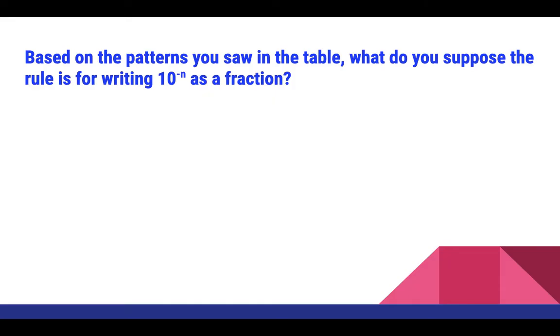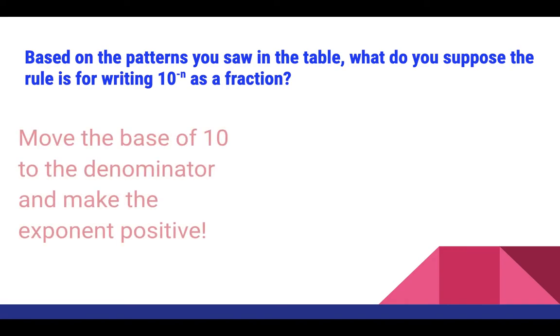All right. So based on the patterns you saw in the table, what do you suppose the rule is for writing 10 to the negative exponent as a fraction? Think about that. All right, our rule is we move the base of 10 to the denominator and make the exponent positive. That's it.